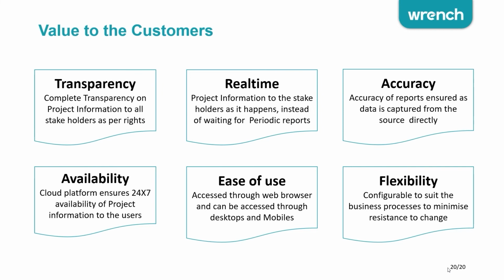Every user gets a to-do list of what activity they are supposed to do. They just do their jobs based on the to-do list, and their activity is tracked, and the status is updated. And finally, as every organization has their own processes, it's extremely flexible to be configured to suit the processes that an organization follows. However, the system also comes with the best practices that are followed in the industry, which can be taken and deployed out of the box. And if this needs to be changed for any specific purpose, you could do that as well.